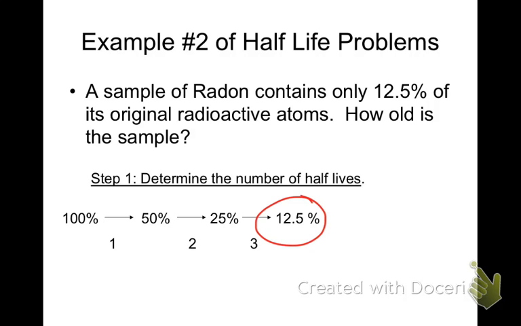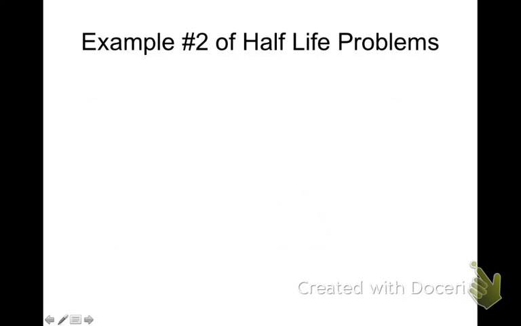Well, that's all well and good, but we would probably like to know exactly how old it is, not in half-lives, but in some meaningful time unit, such as days or weeks or months or years or whatever it happens to be. So what we need to do is then convert that.